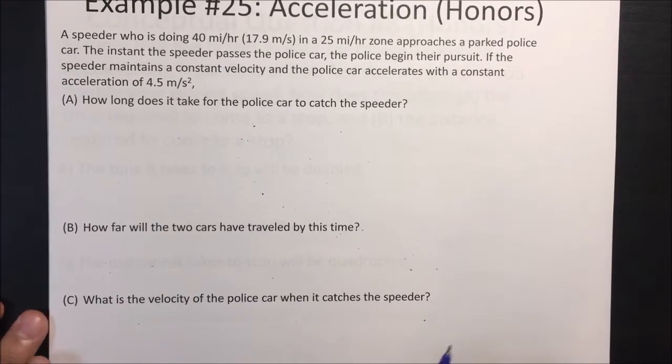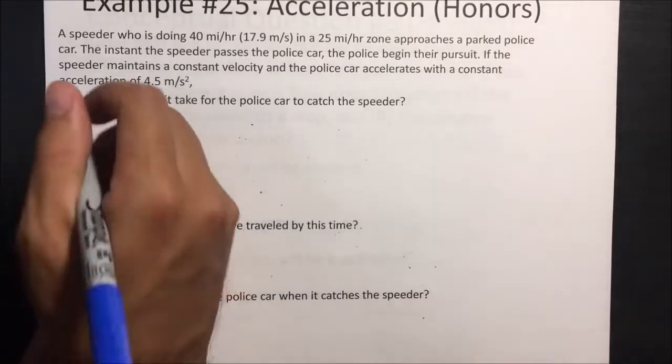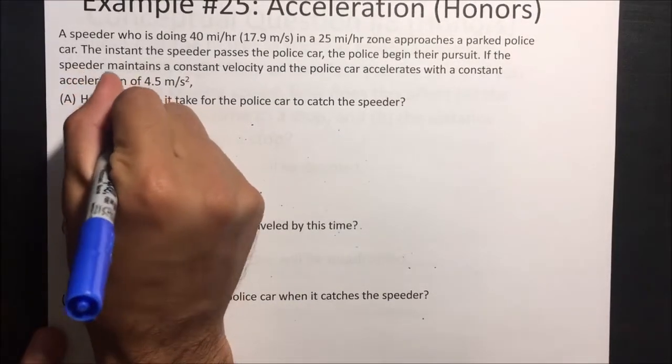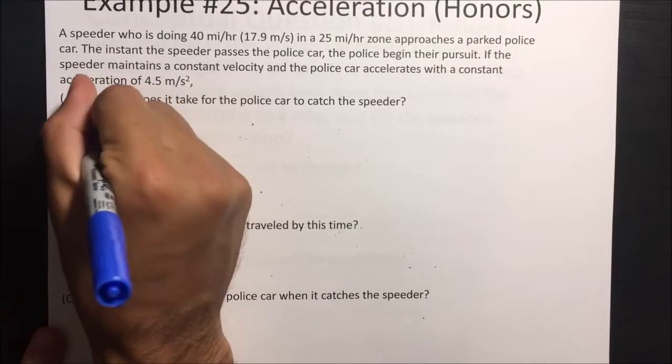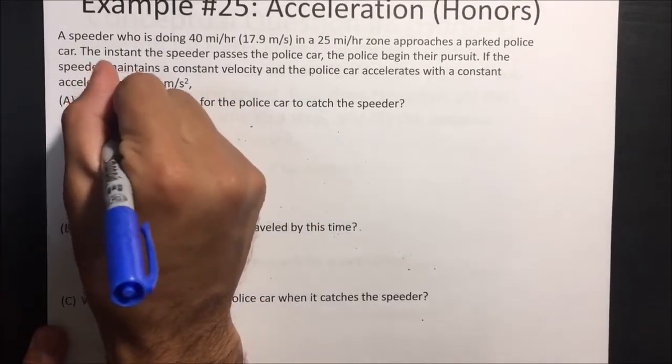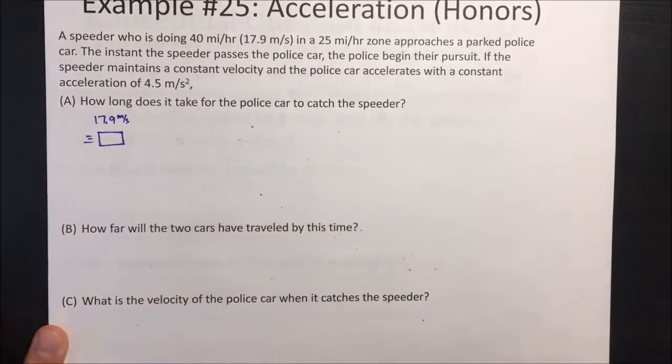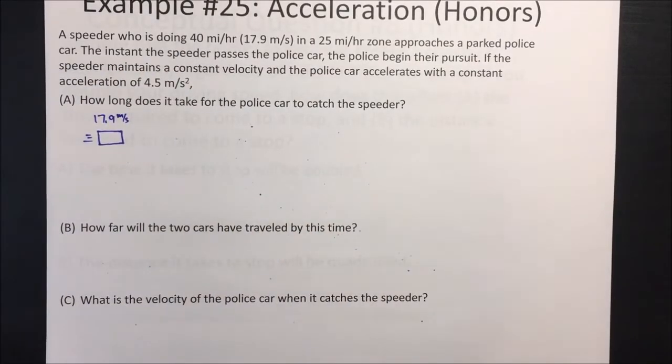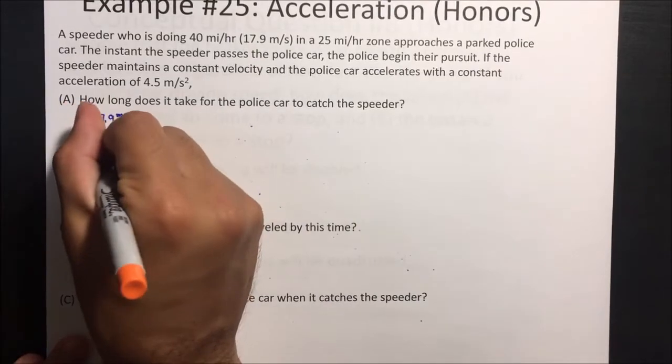Alright, again, we want to draw this whole thing out. So we're going to draw the speeder. Speeder is going 17.9 meters per second. And then it passes the police car. We're going to draw the police car in orange here.